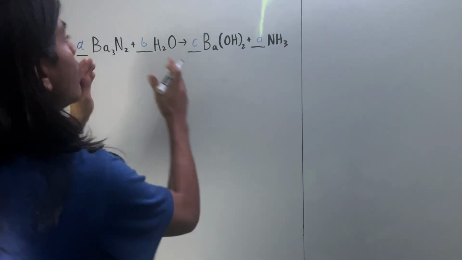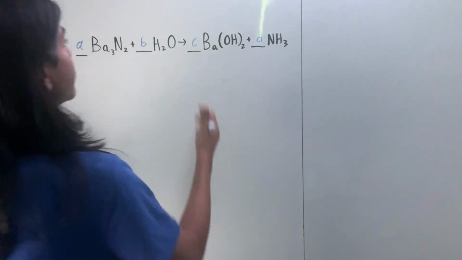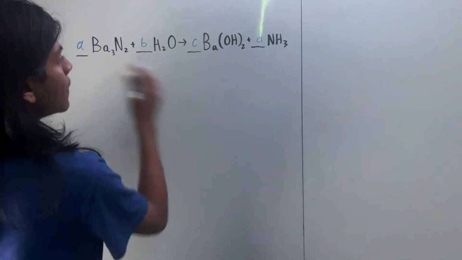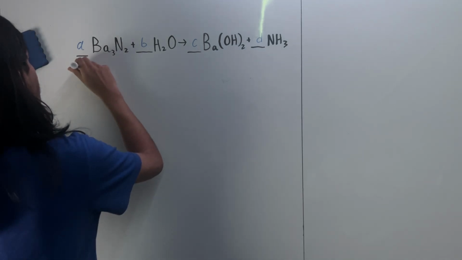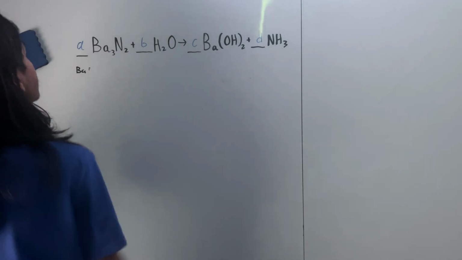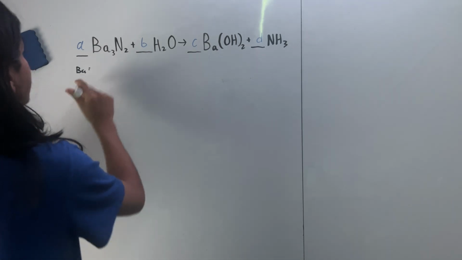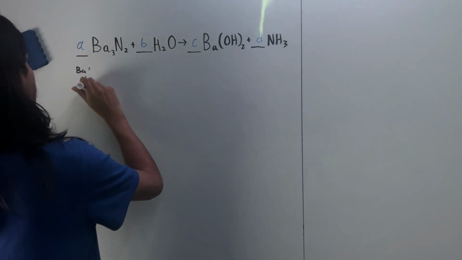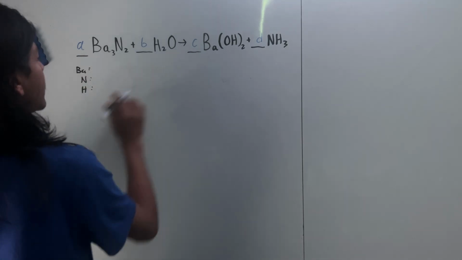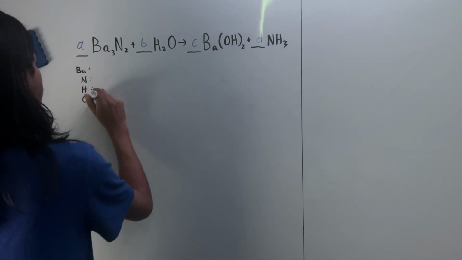So first thing that we're gonna do is note how many elements we have in this chemical equation. So here we have barium, so we're just gonna jot down Ba. We also have nitrogen, hydrogen, and oxygen.